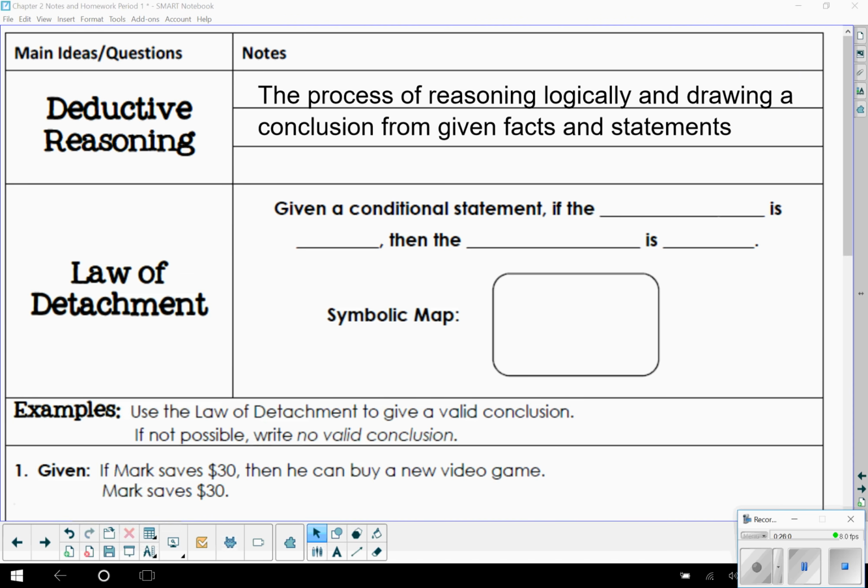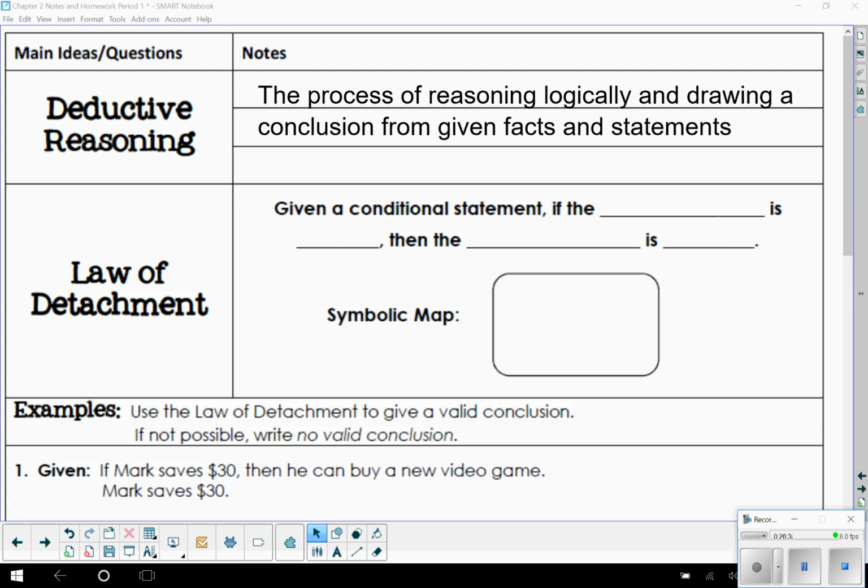Deductive reasoning is the process of reasoning logically and drawing a conclusion from given facts and statements. We're going to talk about the law of detachment first, and then the law of syllogism after that. The law of detachment is one way of doing deductive reasoning, and the other is the law of syllogism. The first one is the law of detachment.